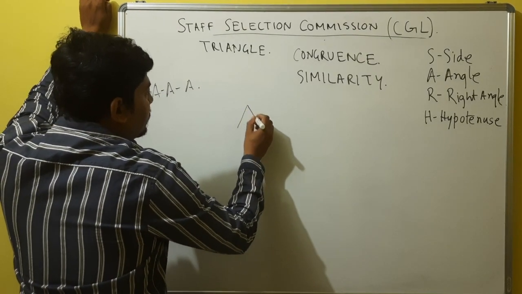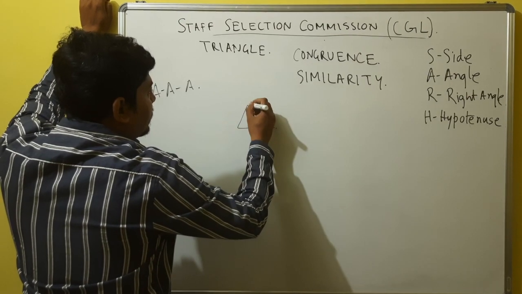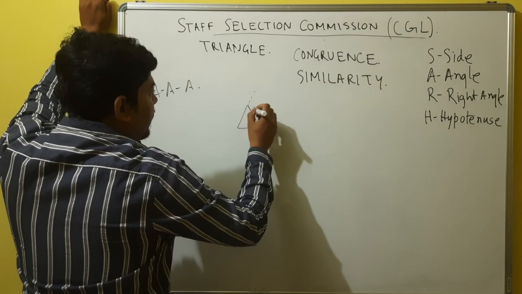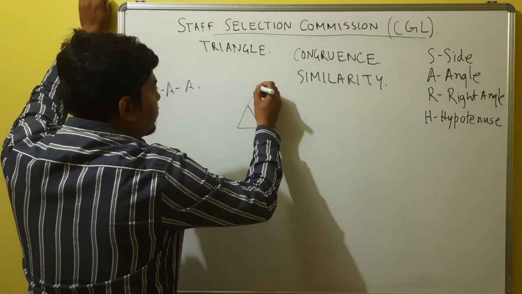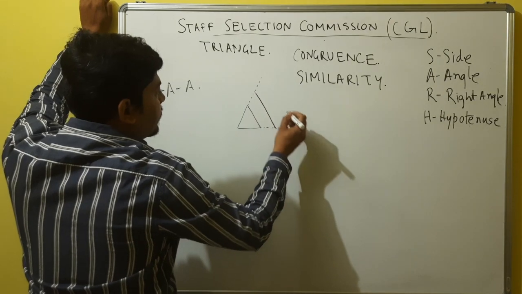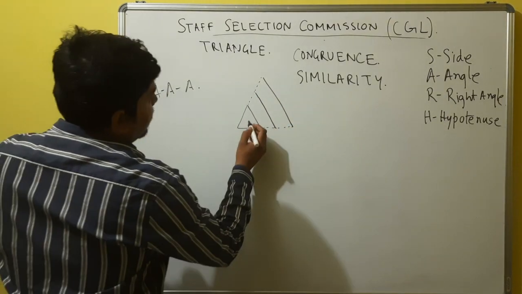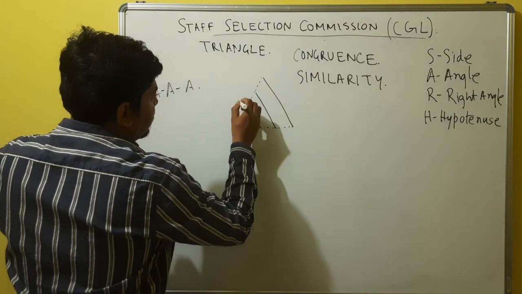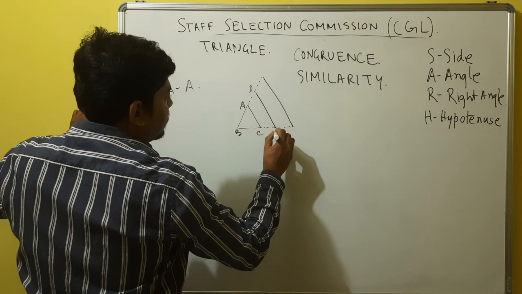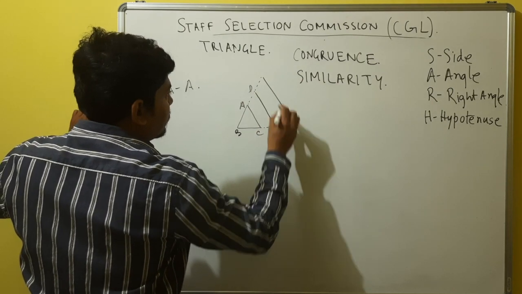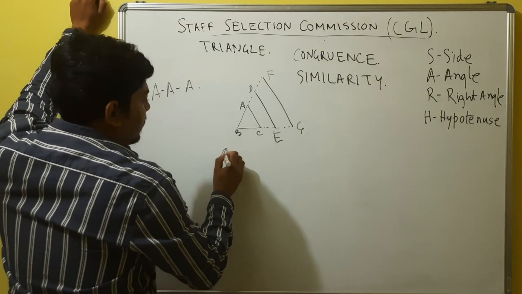Let's say I have one angle here. I extend it, and this one also I extend. And I have drawn a line parallel to this line. I extend it further, and I have drawn another line. If you see, this triangle ABC, D, E, F, G. How many triangles are there?